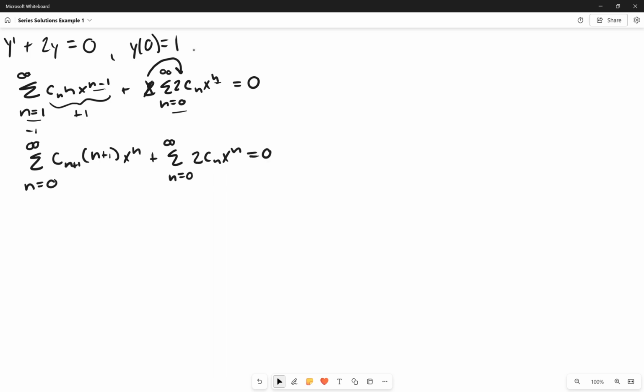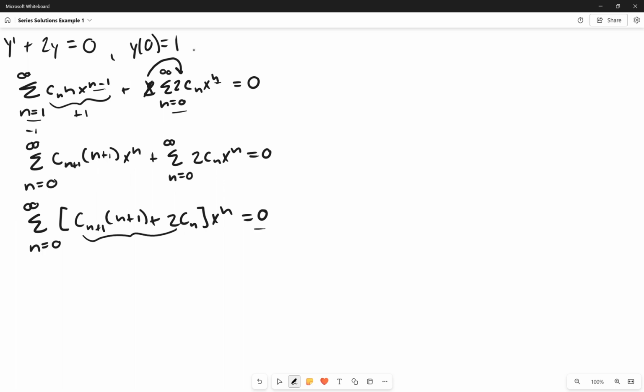And from here we can go ahead and combine this into a single infinite series where I'm going to pull out x to the nth power. I'm going to just factor that out. And we're going to use the implication that in order for everything to be 0, this all has to be 0.